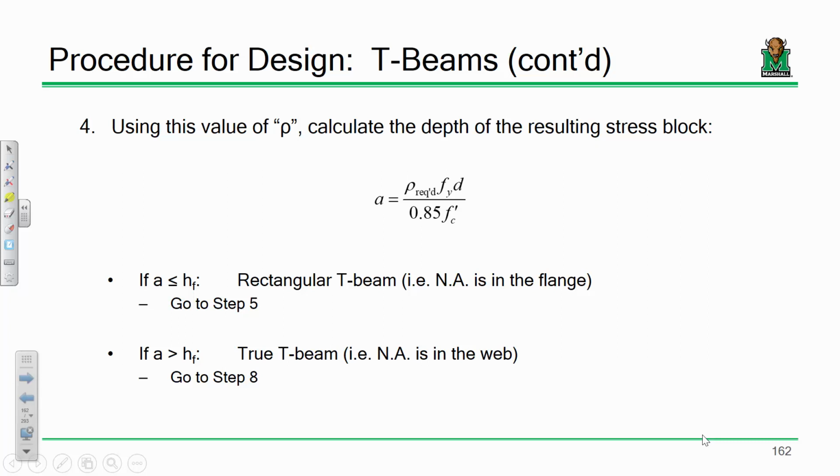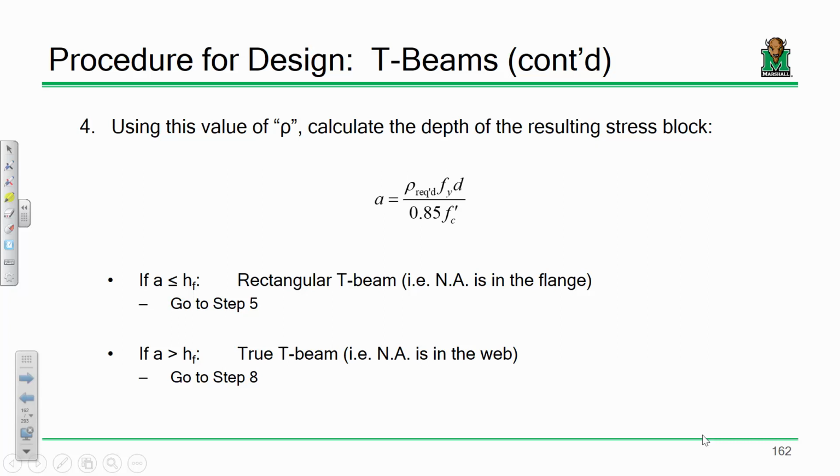So the idea is we're going to calculate how much reinforcement we would need if the beam was rectangular, and then use that reinforcement ratio to say, well, if we actually use that much reinforcement, would we have a rectangular beam or would we have a true T-beam? If the beam is actually rectangular, the way I've set up these procedures, we'll go to step 5. But if that assumption was incorrect, then we skip ahead a few steps to step 8.